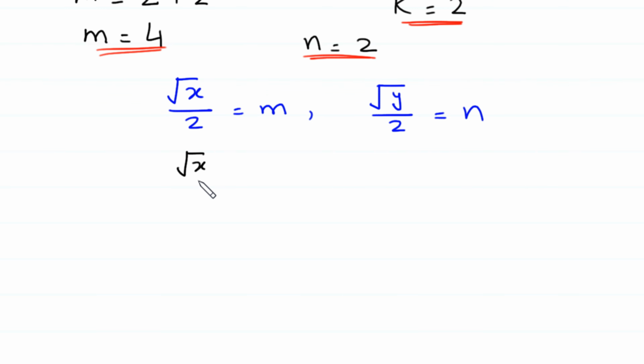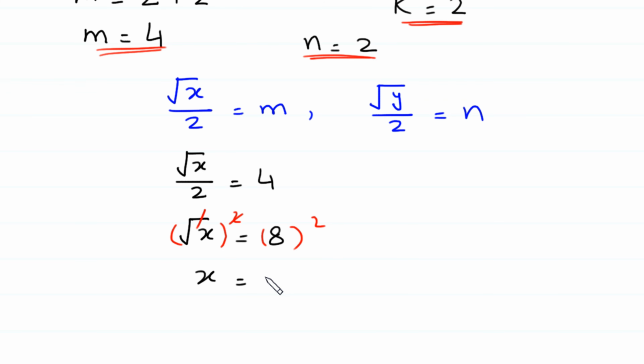Square root of x over 2 is equal to 4, and if we multiply both sides of this equation by 2, we get square root of x is equal to 8, and we take square of both sides. This square will be cancelled with this square root, and x is equal to square of 8 is 64. This is the value of x.